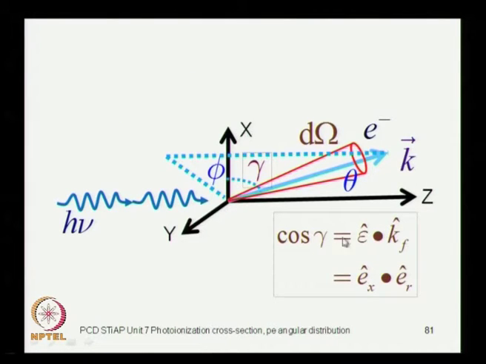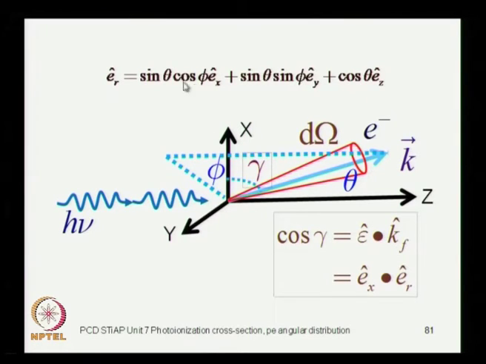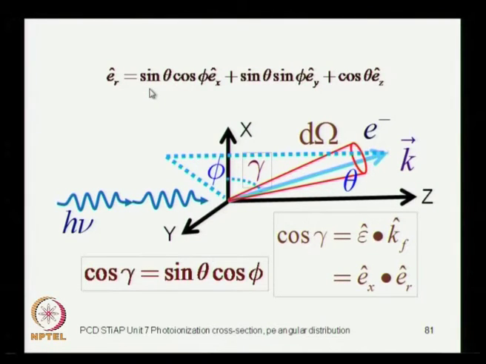So, what is the cosine of this angle? This is the angle between the polarization vector, which is along the x axis, and k_f, the direction of ejection. So, you can get it easily by taking this unit vector along e_x, and this along the spherical polar unit vector e_r, right. So, you can write e_r in terms of e_x, e_y, e_z and then take the scalar product of e_r with e_x. So, you see that this cosine term is nothing but sin theta cos phi.